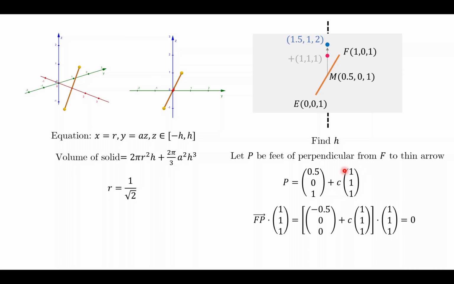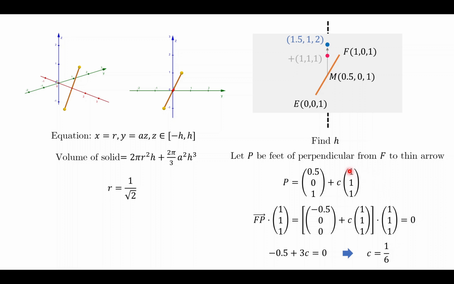And since FP is perpendicular to the thin arrow, this tells me that FP dot (1, 1, 1) equals 0. To find FP is very easy: FP is just the coordinate here minus the coordinate for F. So FP dot (1, 1, 1) equals 0. If I expand out this dot product, I get minus 0.5 plus C plus C plus C equals 0. So C equals 1/6.